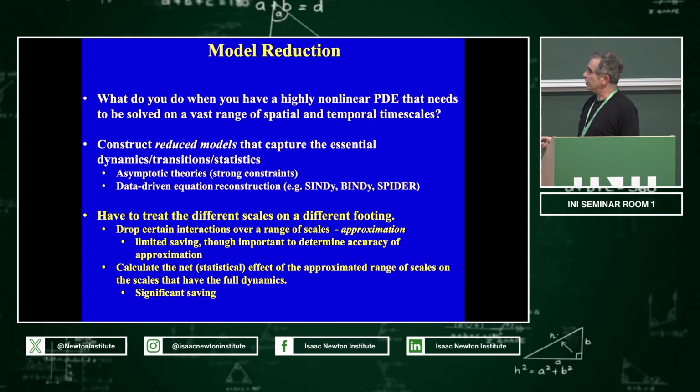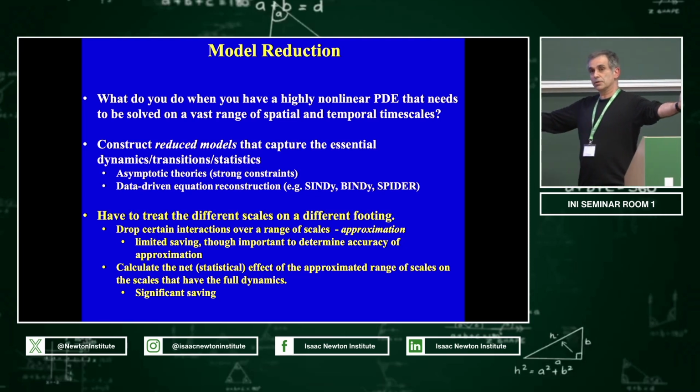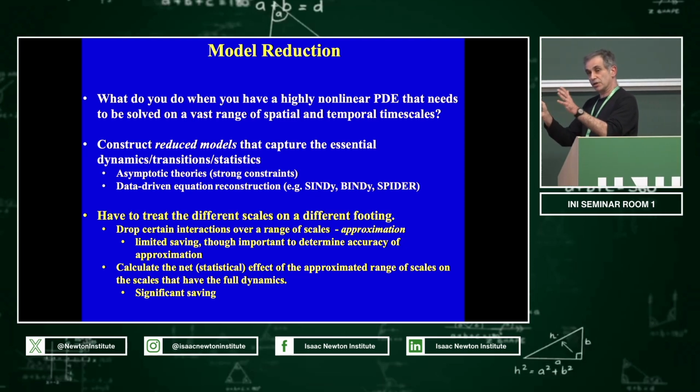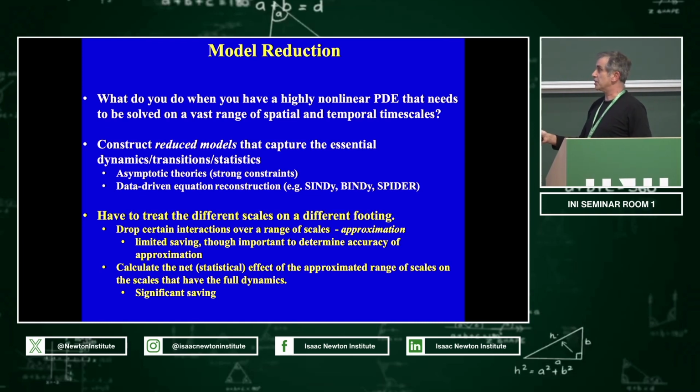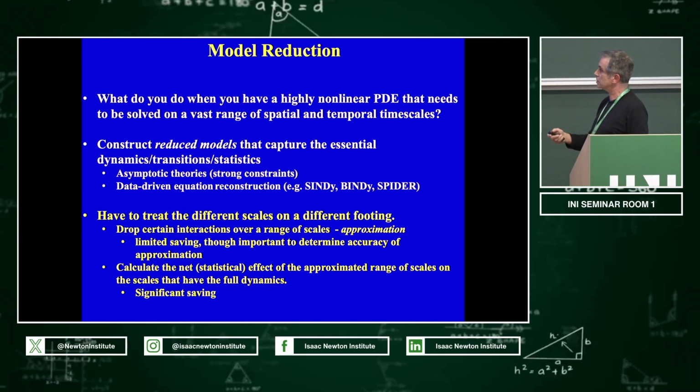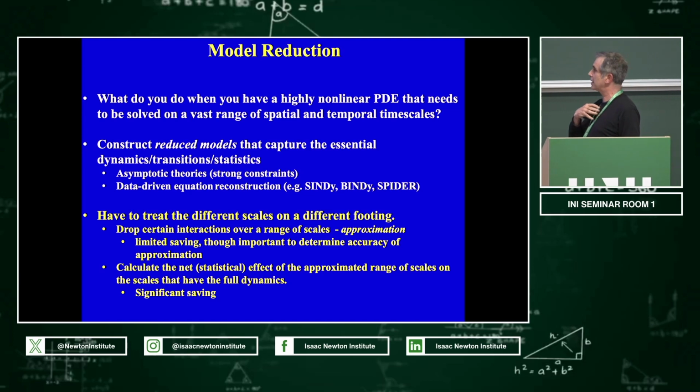And so you can drop certain interactions over some range of scales, okay? And this is an approximation. So if you just say, I'm going to consider all scales, but I'm going to drop some interactions over a range of those scales, then you are doing an approximation, and you only have a limited saving, though you may understand something about the nonlinear interactions, and that's what I'm going to talk about today.